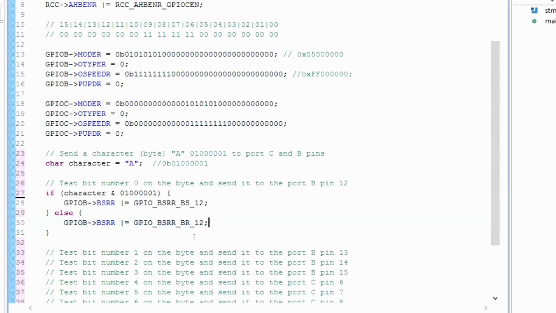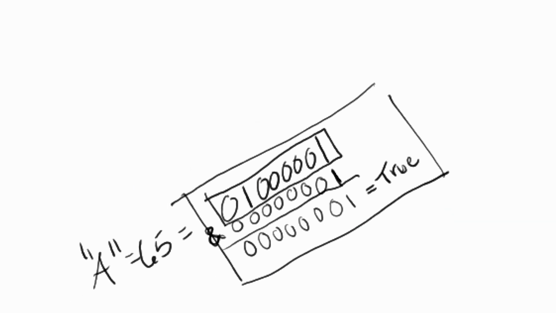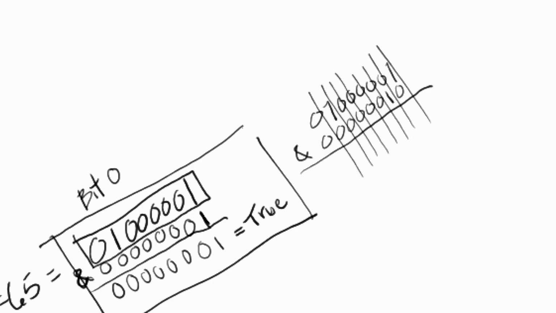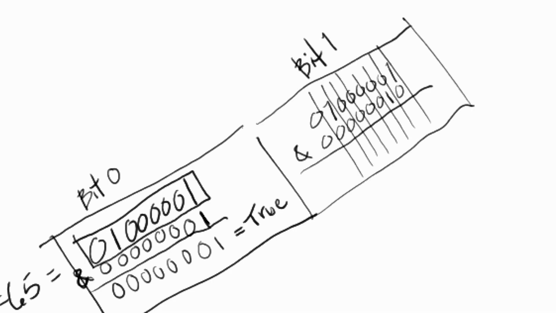Now let's move on to the next bit. So this would be bit 1, using the same number, 0 1 0 0 0 0 0 1. We're going to AND, and our mask will look like this. You can see that the one we're going to test now, bit number 1, has the test bit in the second position.